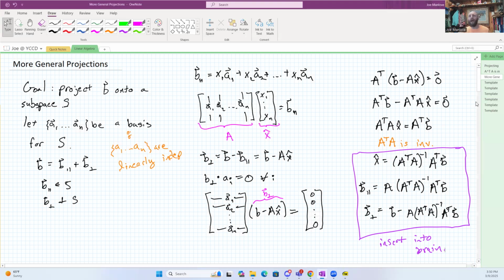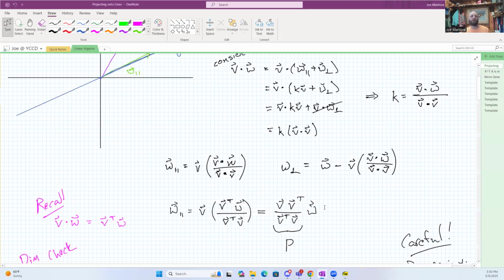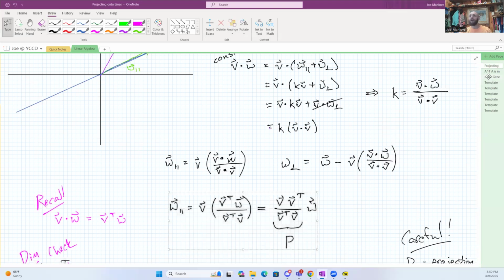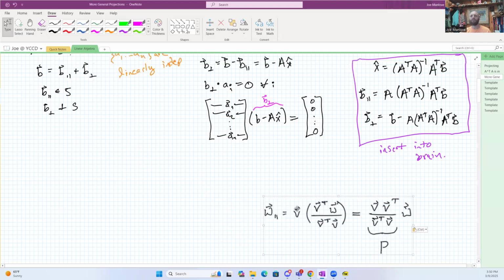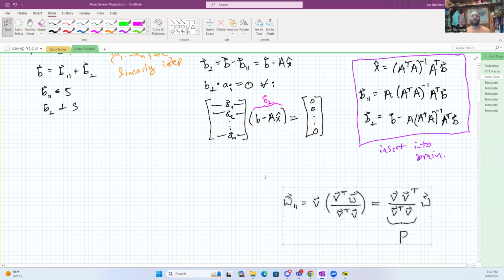I want to jump back one thing quick too. I want to grab this line and I just want you to look at it. This line is from our projecting onto lines.